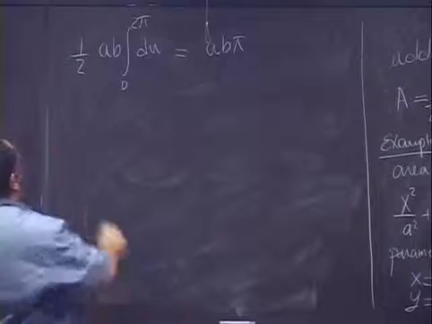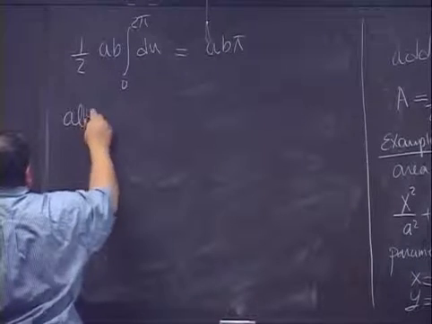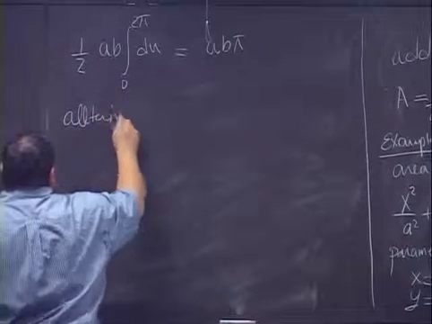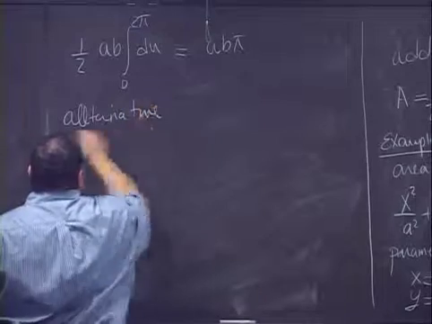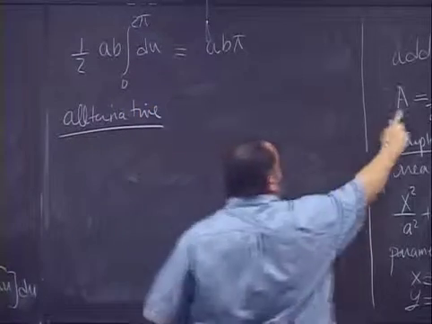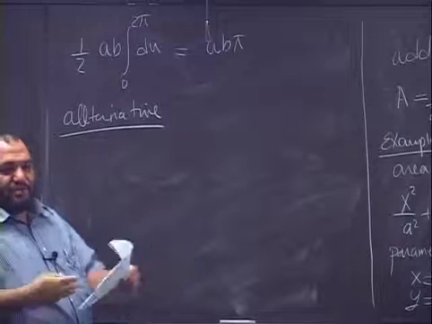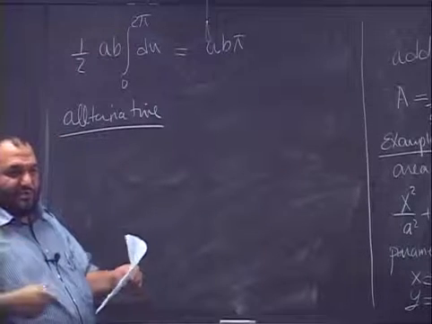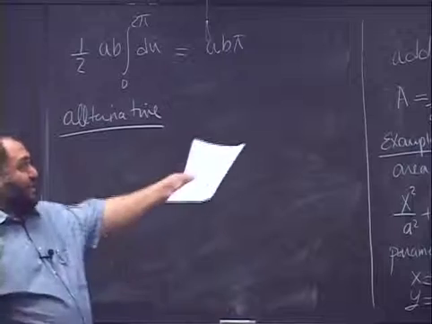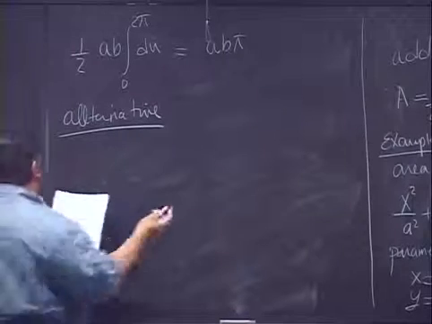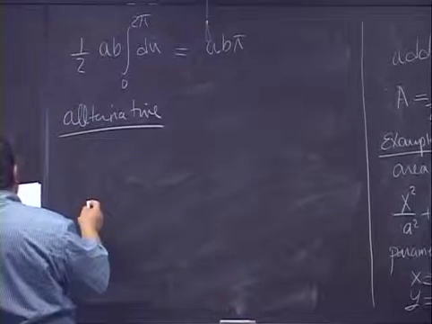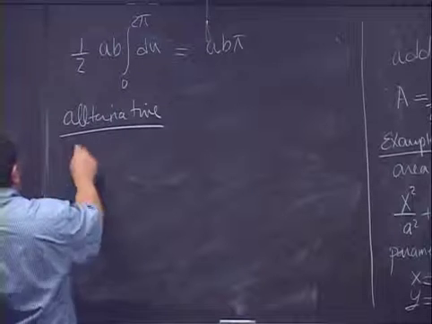As an alternative way to do it, instead of using this formula, which is a combination of equation number 1 and equation number 2 where we subtract them from each other, we can use only one formula. And the only one formula is what?